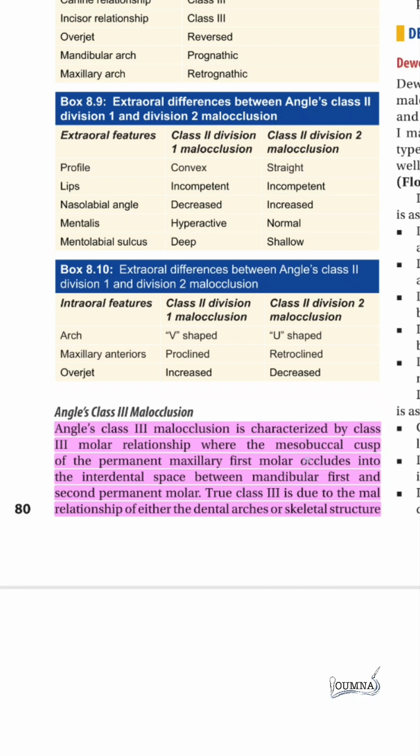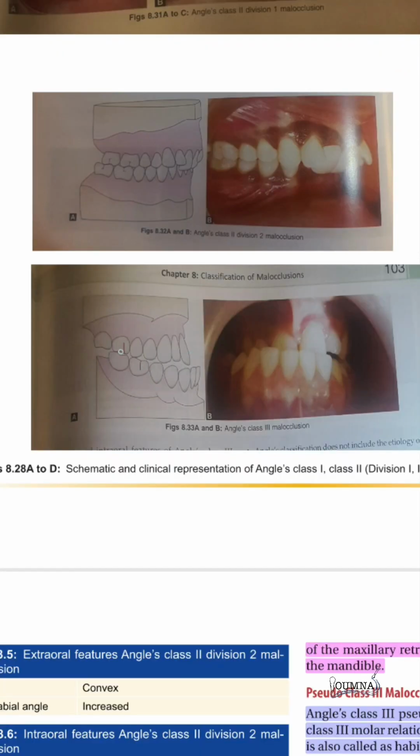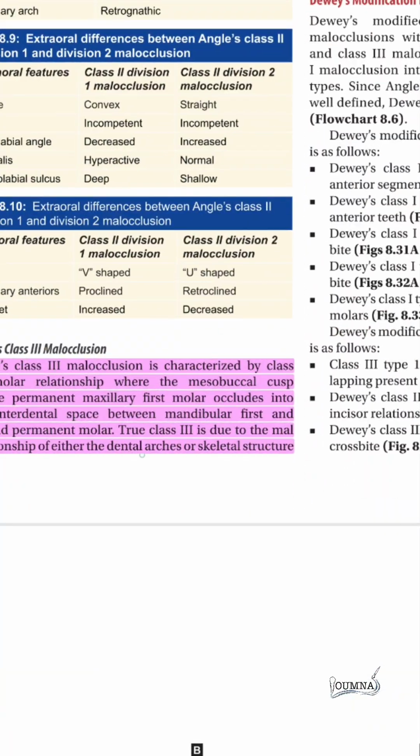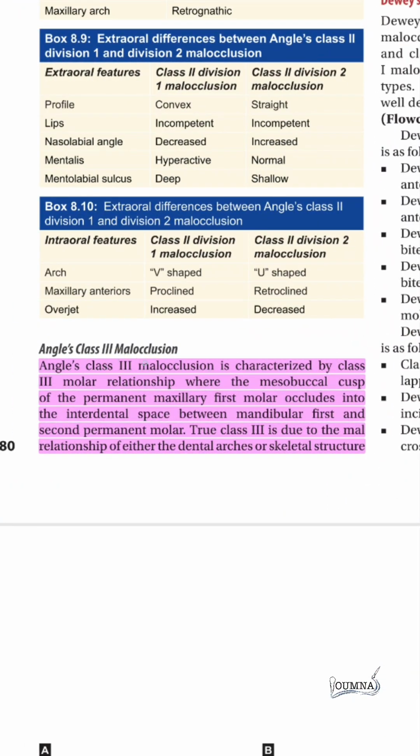The mesiobuccal cusp of the permanent maxillary first molar occludes into the interdental space between the mandibular first and second permanent molars. Now the mesial cusp occludes in the interspace between the first and the second permanent mandibular molars.